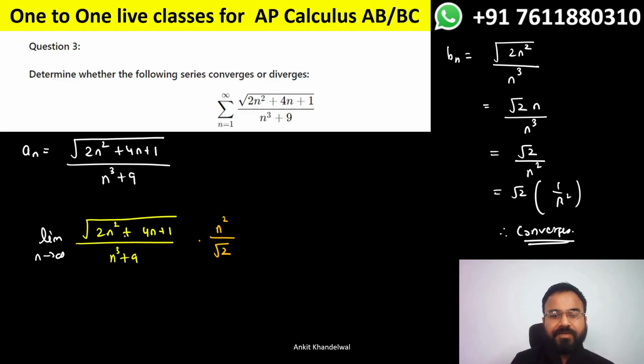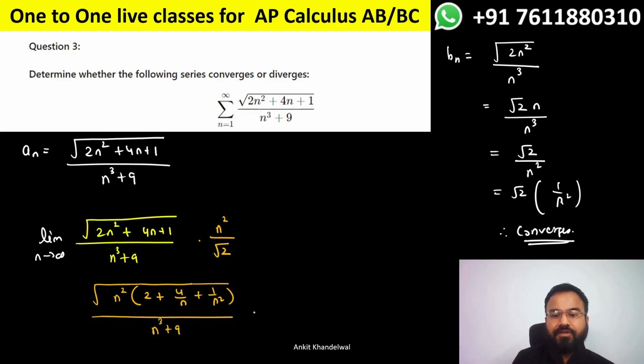To simplify this, from this square root, let's take n square as common. We'll be left with 2 plus 4 over n plus 1 by n square, whole divided by n cube plus 9, and n square by square root of 2, and the limit n goes to infinity.